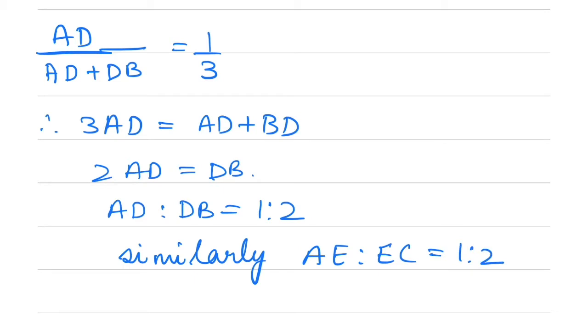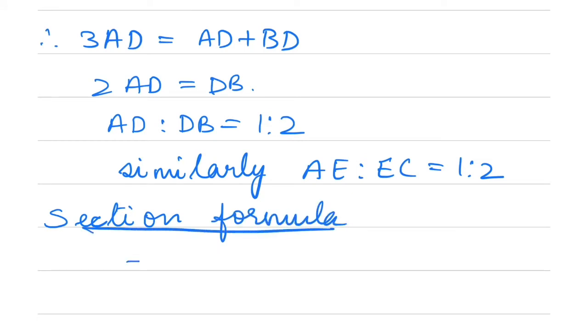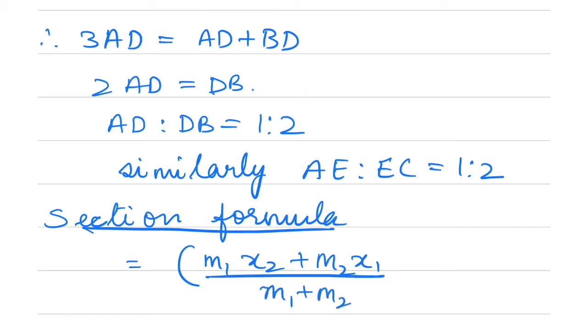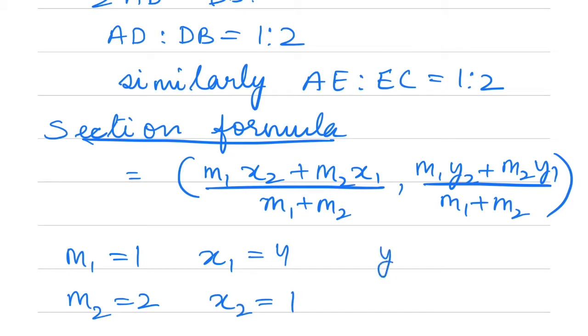So now we can use the section formula to find out the coordinates of D and E. So section formula we have as (m1 x2 plus m2 x1) by (m1 plus m2) and (m1 y2 plus m2 y1) by (m1 plus m2). m1 is equal to 1 and m2 is equal to 2, x1 is equal to 4, x2 is equal to 1, y1 is equal to 6 and y2 is equal to 5.